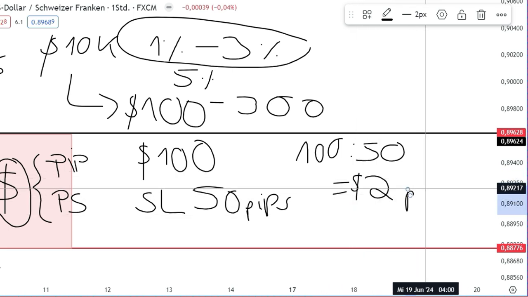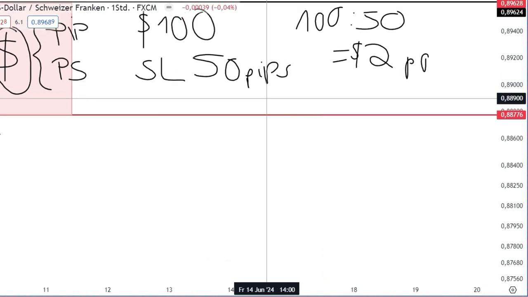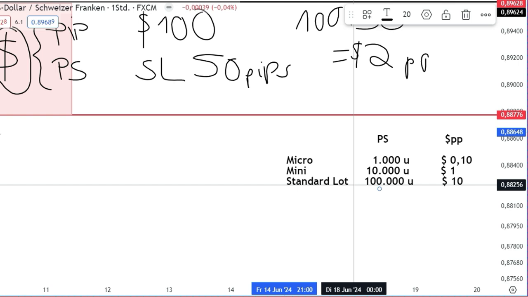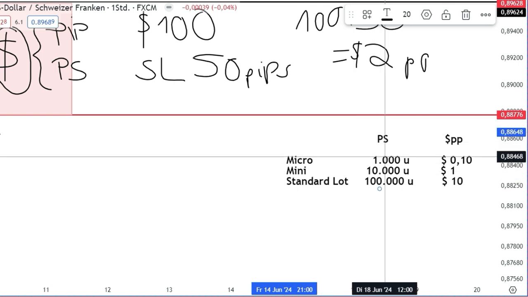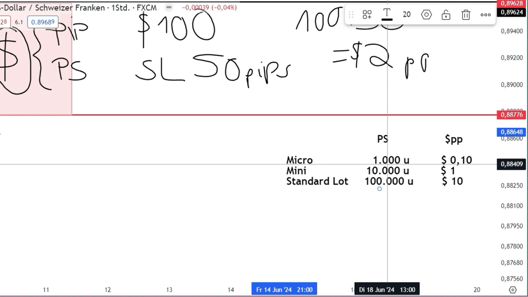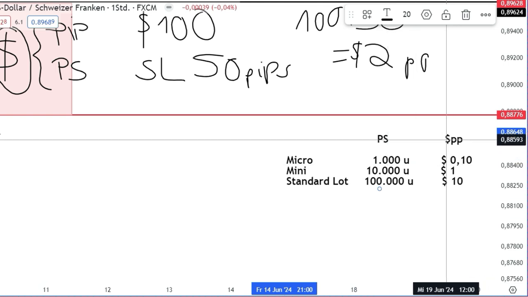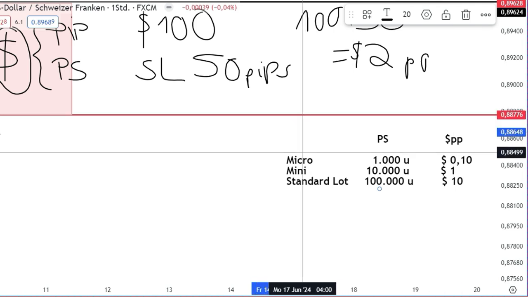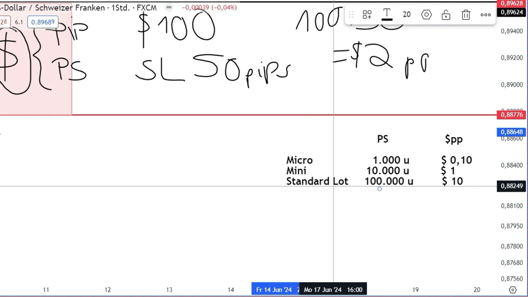That we are moving per pip. For that, there's a simple table that we use now. So here I've displayed the basics that you need to know. I will explain now. This is the position size in units, so how many units you actually trade, and this is how many dollars per pip you are moving. So we have different position sizes. It's the micro, the mini, or the standard lot.